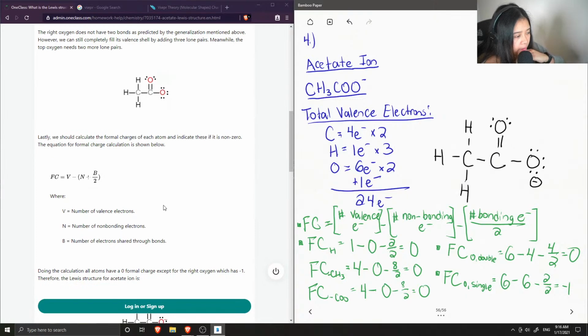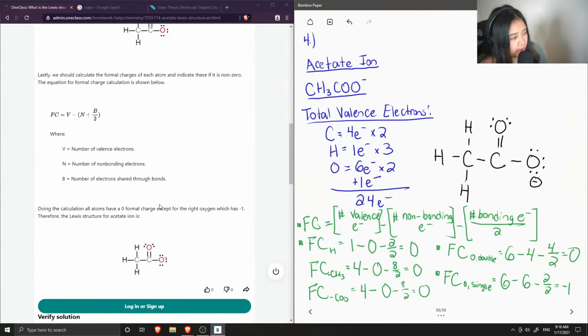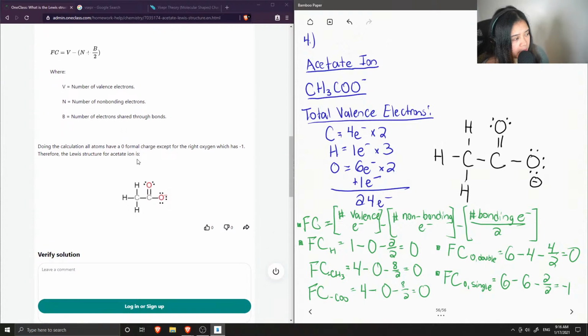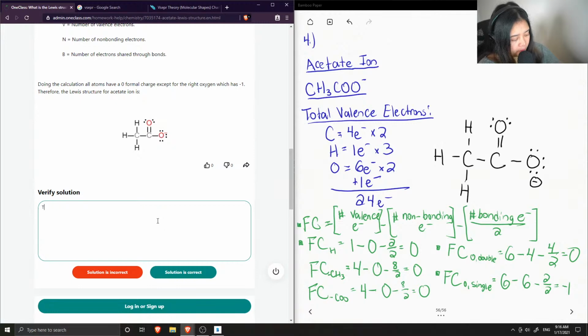So now they can calculate the formal charge. If we do the calculation, all the atoms have a 0 formal charge except for the right oxygen, which has a -1 formal charge. Yep. So this solution is correct.